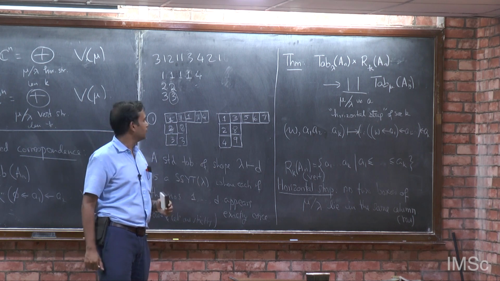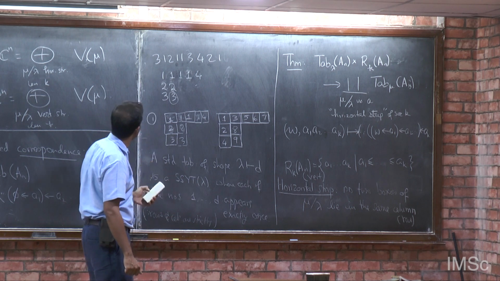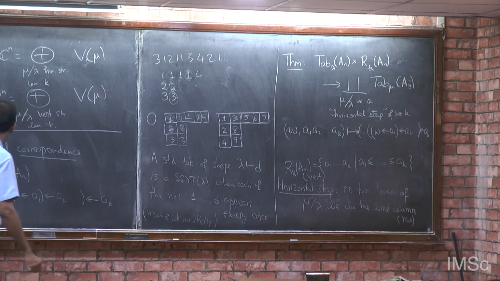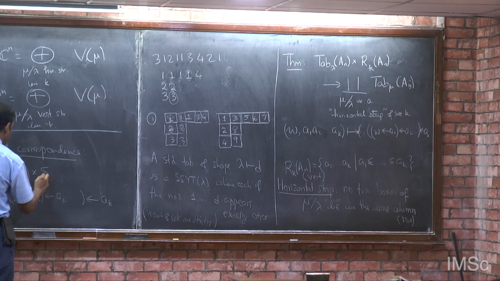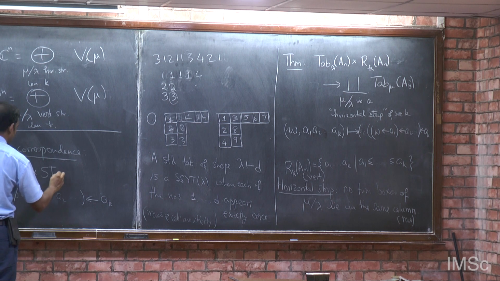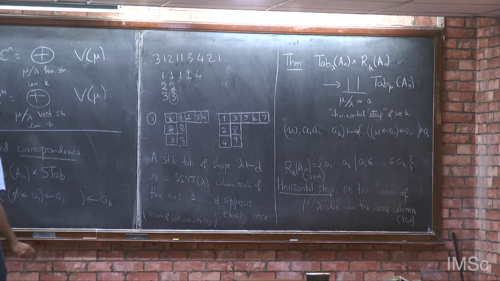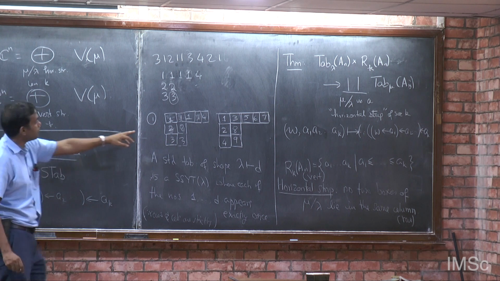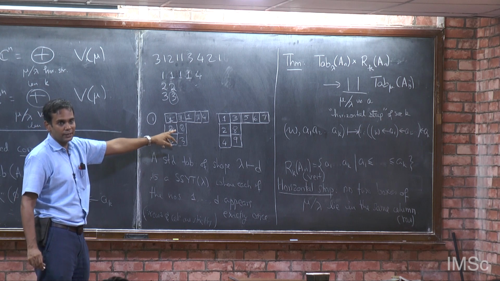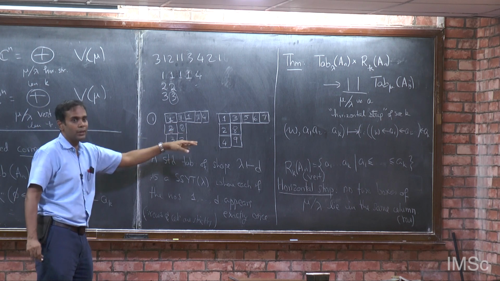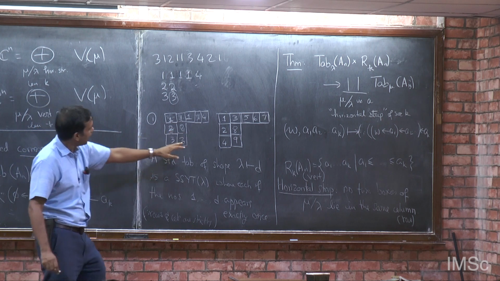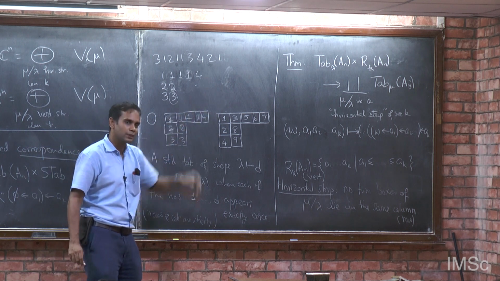Okay, so what we are getting now is the following. We should have this, and we should also keep track of this. And what will be the shape of this standard tableau? It will be the same as the shape of this semi-standard tableau. So, both these things should have the same shape, and once they have the same shape, I can reverse this process and do everything.